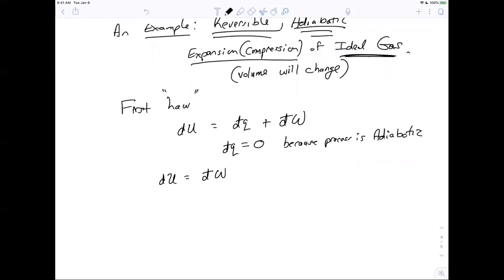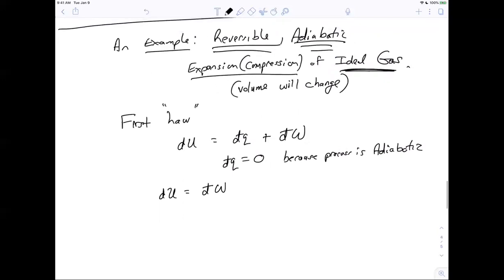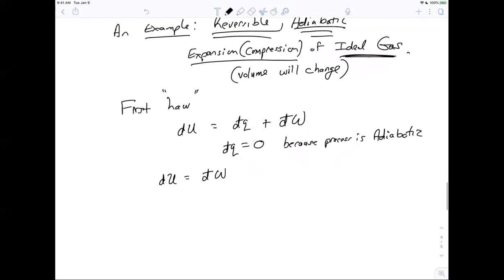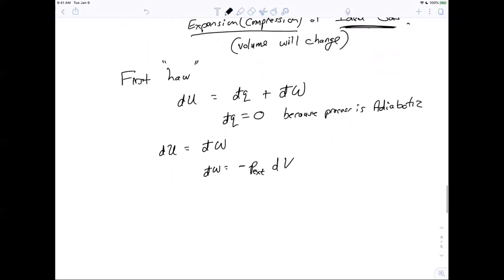All right, that's great. If it's reversible, because that was given in the problem statement, then we can say something about dw. Well, let's start with the general form. dw is just minus p external times dV. But we were told that it's reversible.